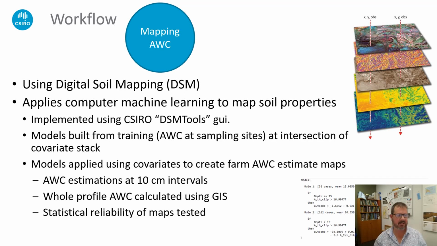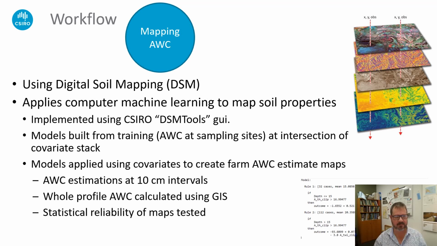For the mapping, we use digital soil mapping, a technique that applies computer machine learning to map soil properties, implemented in a publicly available GUI to reduce the user barriers to using DSM tools.